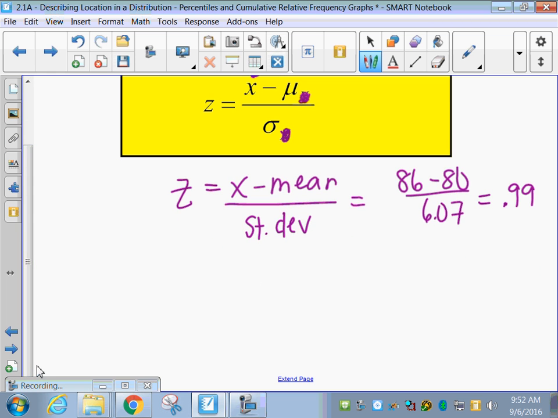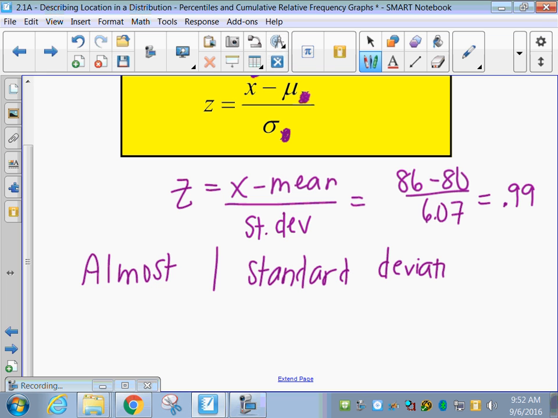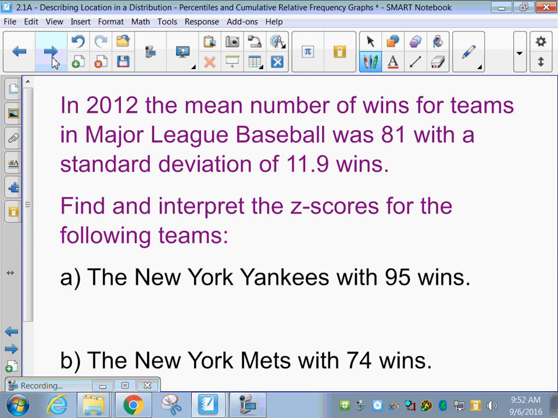So he was almost 1 standard deviation above the mean. That makes sense. If the mean was 80, he got an 86, and the standard deviation was 6.07, right? 1 above is an 86.07. So that's called a z-score.